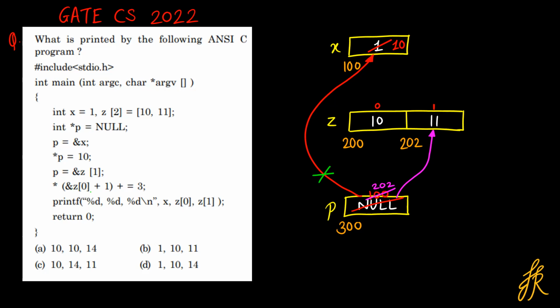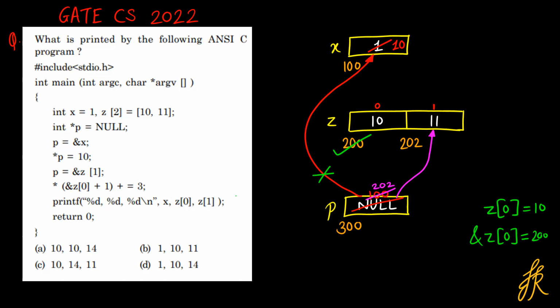Now *(&z[0] + 1) += 3. Let's see what this is, and then we are just incrementing it by 3. So &z[0] + 1. What is z[0]? z[0] is 10. The address of z[0] is 200.